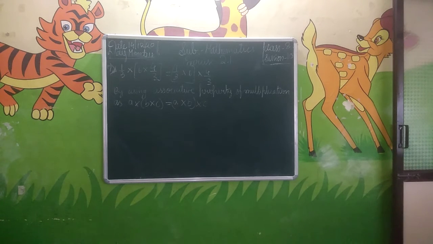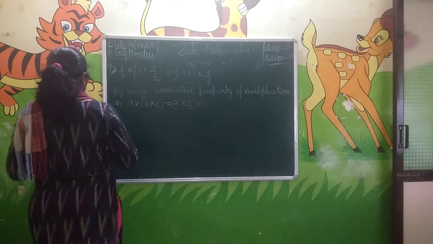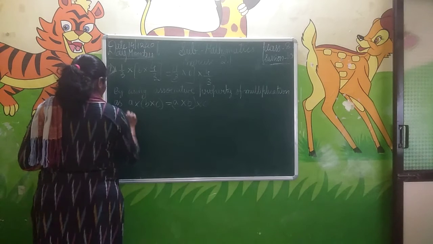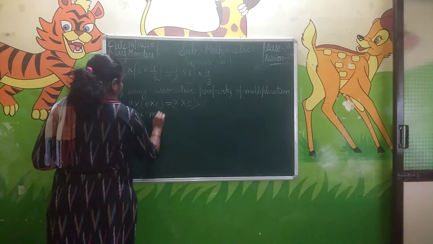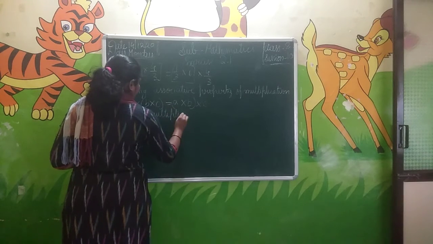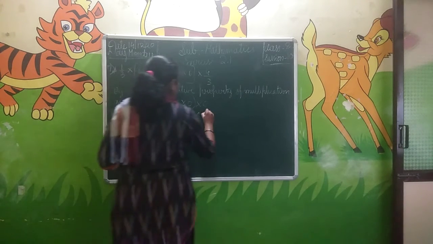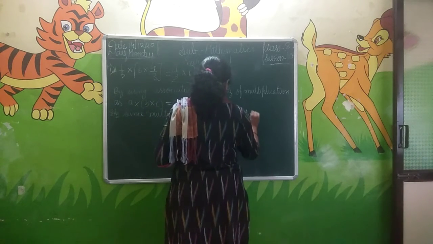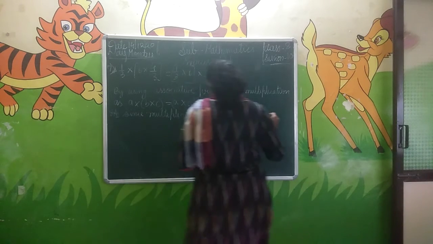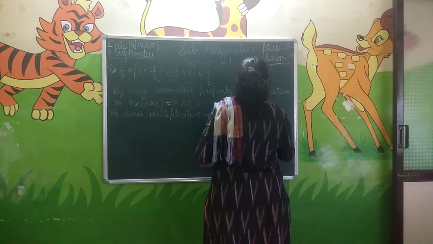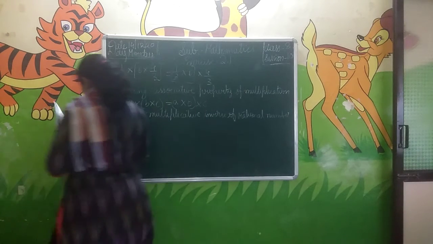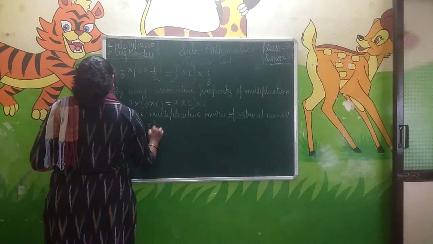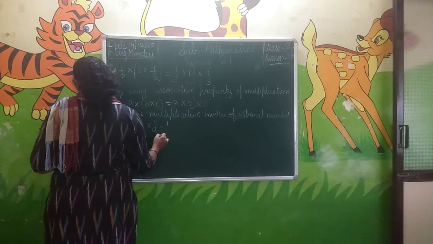Okay students, now start the problem. Since the multiplicative inverse of rational numbers, that is A, is 1 by A, A into 1 by A should be equal to 1.